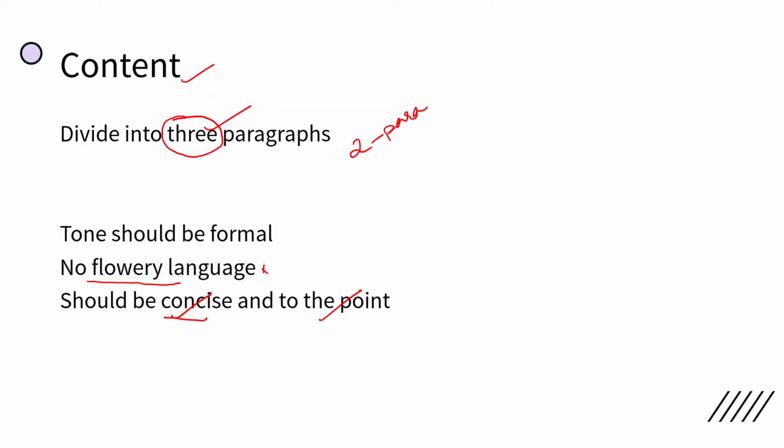At the same time, we have to fill up 120 words. Concise here doesn't mean writing the letter in 2 or 3 sentences. It should be 120 to 150 words in length.